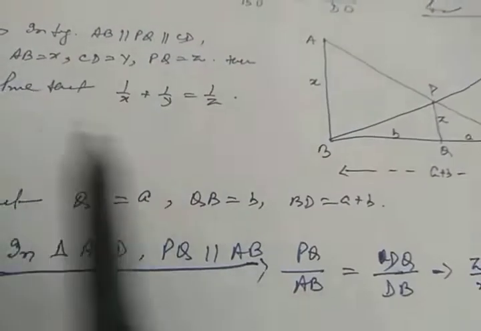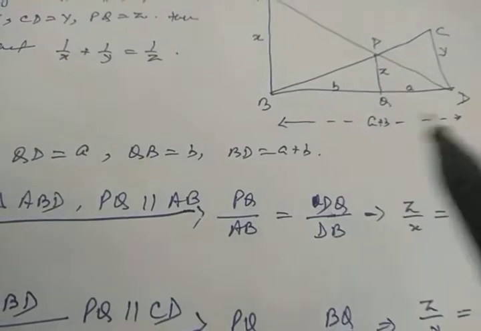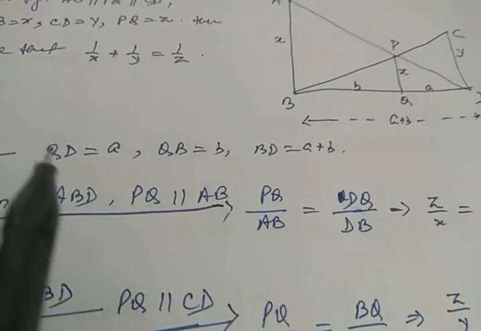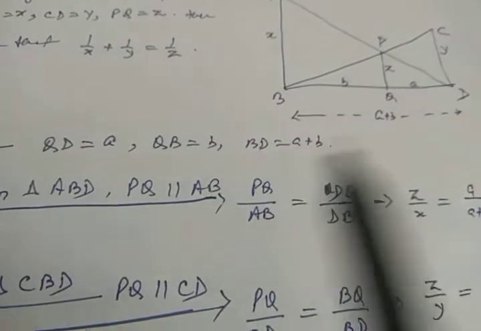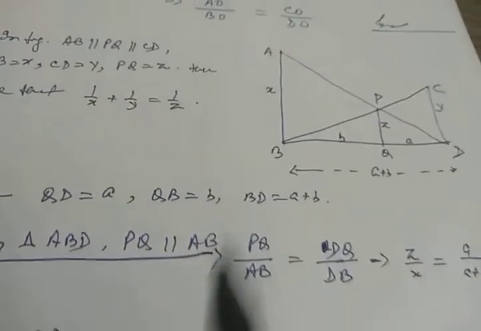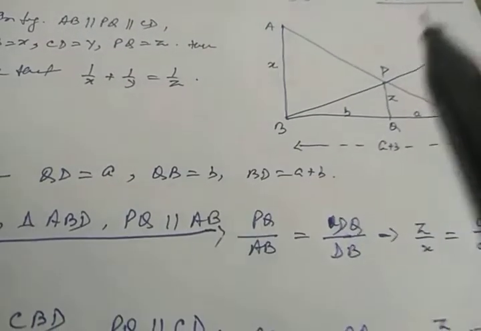To prove this result, we suppose this part is A and this part is B. So the total should be A plus B. Clear? Here I have mentioned QD is A, QB is B, so BD should be equal to A plus B. Now see the result. In triangle ABD, just see, PQ is parallel to AB.